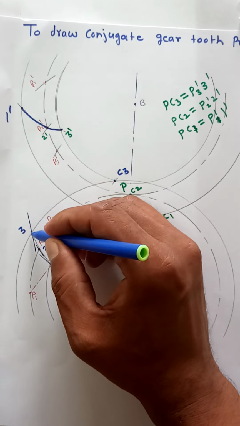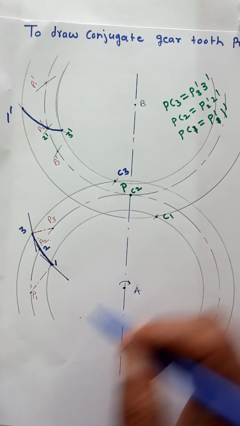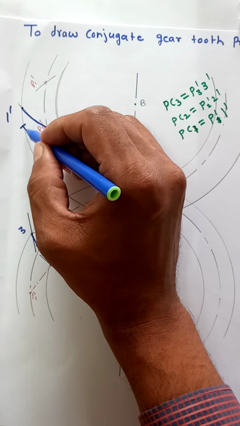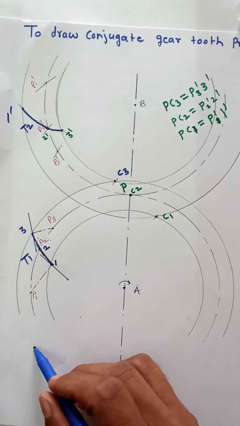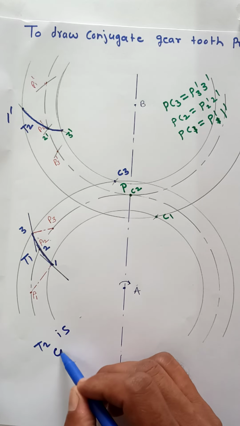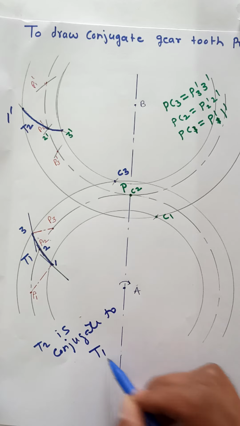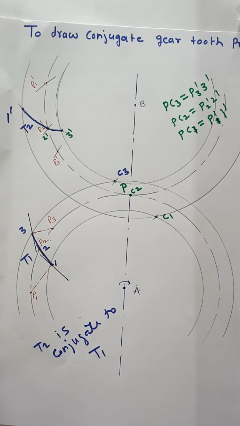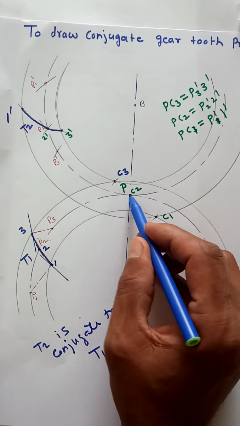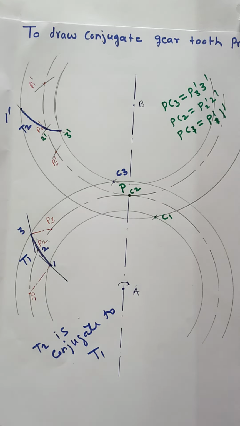Let us name this arc T2 and this one T1. We can say T2 is conjugate to T1. So we have used the law of gearing, that the normal at the point of contact must pass through the pitch point, in order to determine the conjugate gear tooth profile.